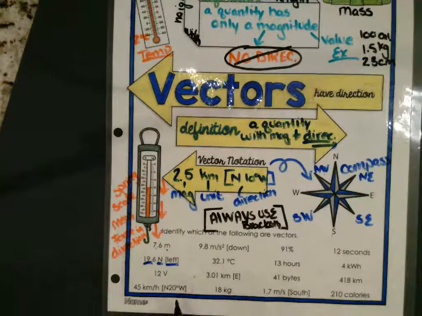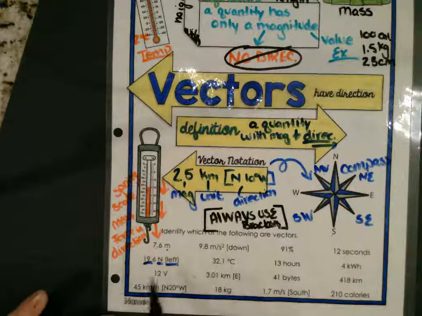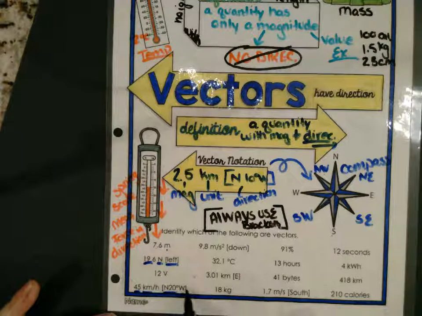And the last one I'm going to do with you, we have 45 kilometers per hour, north 20 degrees west. So we've got 45, which is our magnitude or our number. We've got kilometers per hour, which is our unit. And we've got north 20 degrees west, which would be a direction. So this has all three. This is going to count as a vector as well.